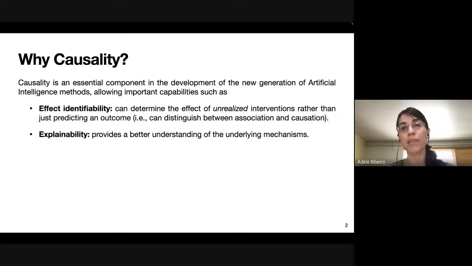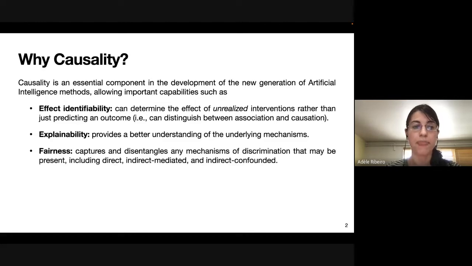You cannot explain why the outcome is coming about. You cannot understand the underlying mechanisms of the system. So causal reasoning allows us to give explainability for these methods.